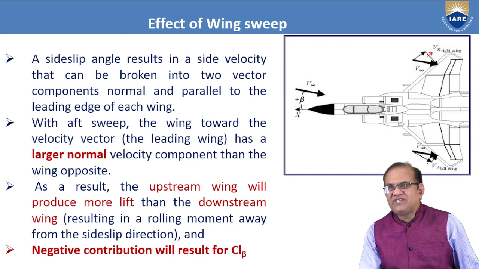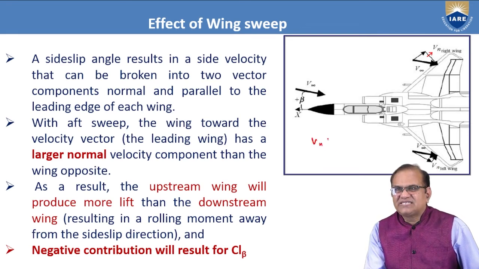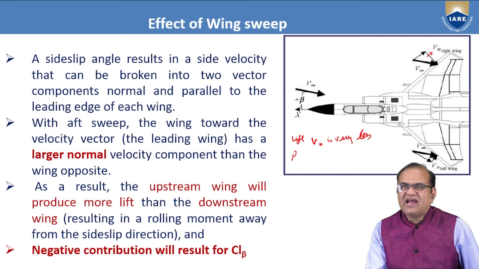But if you see the left, V infinity is the same, but the horizontal is high and the vertical is less. So on the left side, Vn is very less, and on the right side of the wing Vn is high.